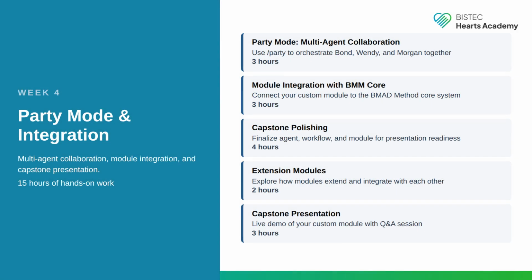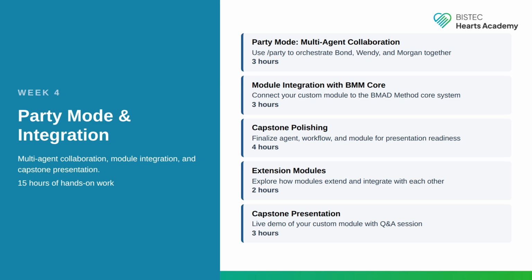Week 4 is the culmination of everything you've built. You'll use party mode to orchestrate multi-agent collaboration, integrate your module with BMM core, and deliver your capstone presentation. Party mode takes 3 hours. The party command lets you orchestrate Bond, Wendy, and Morgan together in a coordinated session.